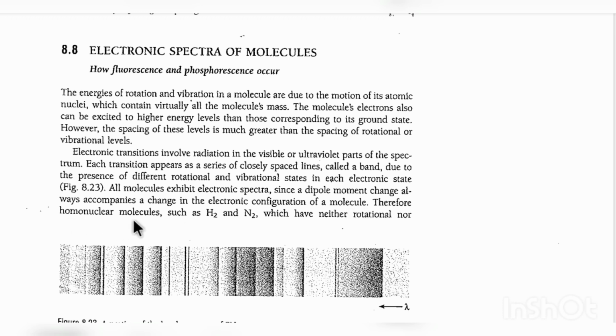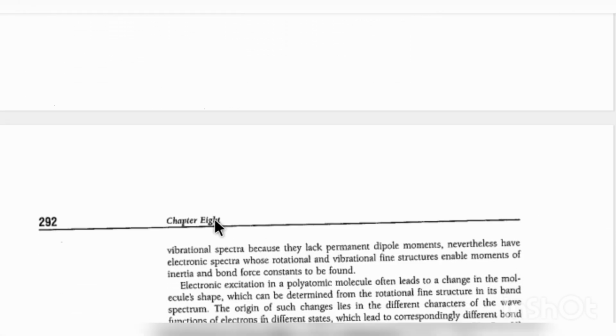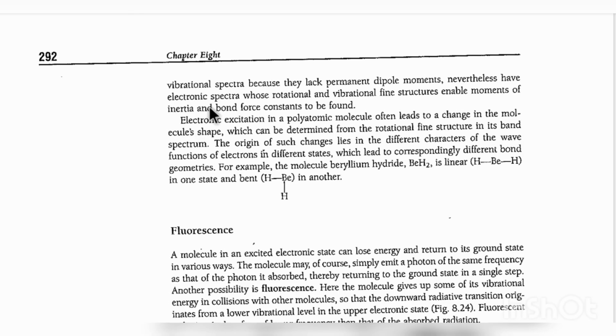Therefore, homonuclear molecules such as H2 and N2, which have neither rotational nor vibrational spectra because they lack a permanent dipole moment, nevertheless have electronic spectra whose rotational and vibrational fine structure enable moments of inertia and bond force constants to be found.